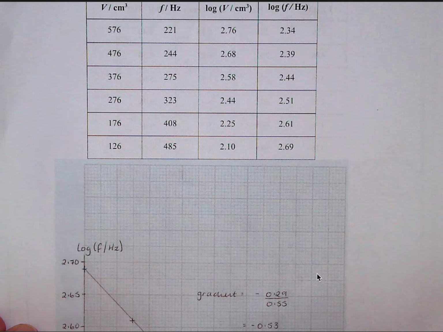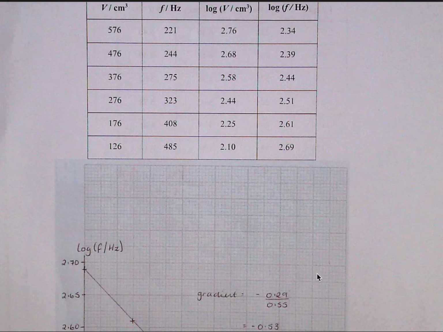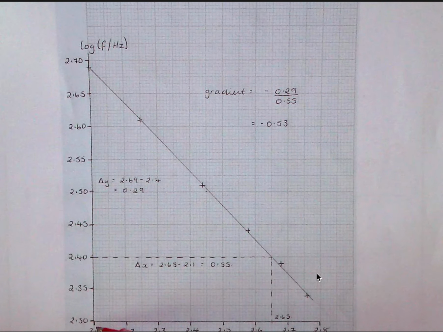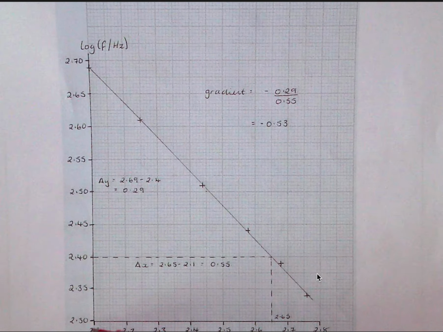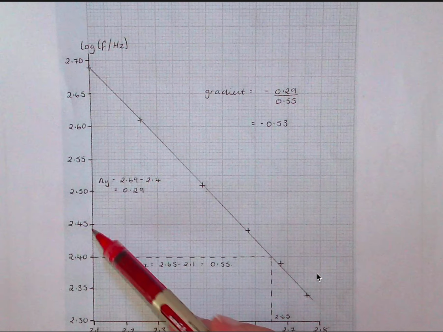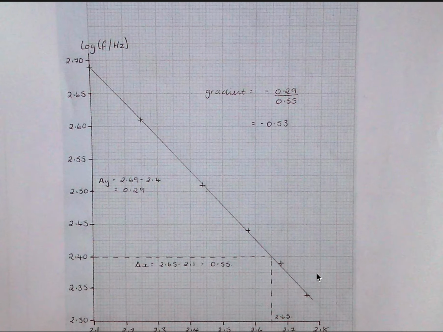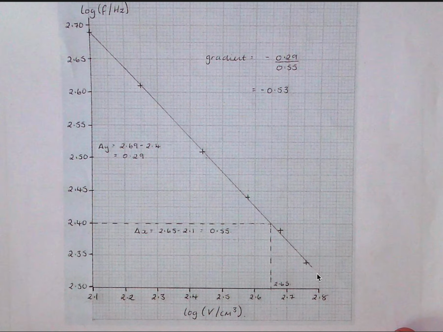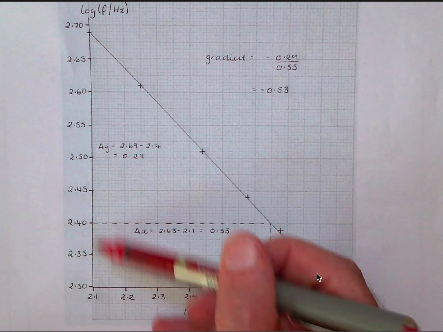Make sure you have a sensible scale. They don't like you using any number other than the scale to be 2, 5 or 10. So in this case it's a multiple of 5: 2.30, 2.35, 2.40, 2.50. So that's what they mean by a sensible scale. I always tell my students 2, 5 or 10 is what you should be using for these squares.